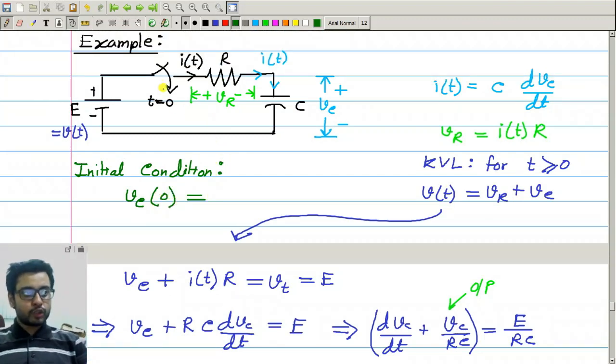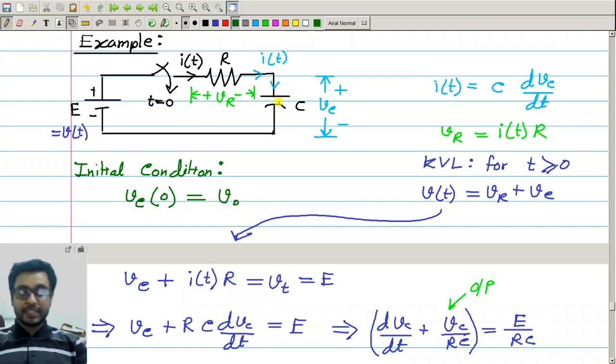Suppose the voltage across this capacitor before the switch was closed was V0, then immediately after the switch is closed this voltage will still be V0, because it will take some time for this voltage to change.